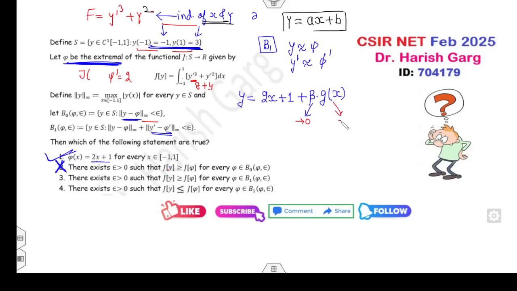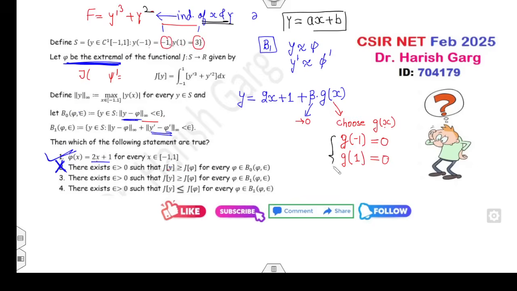G of x, you can choose g of x in such a way that the given conditions are satisfied, g of -1 and g of +1 as the 0. Instead of the 3 and 1, instead of -1 and 3, you have to choose the g in such a way that this value will be 0 at this given point.